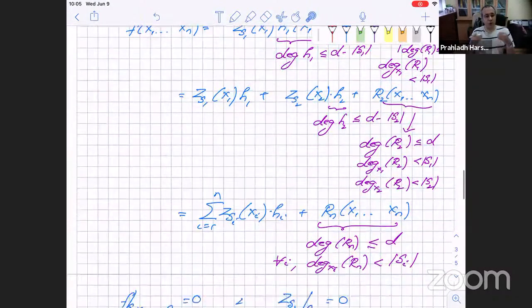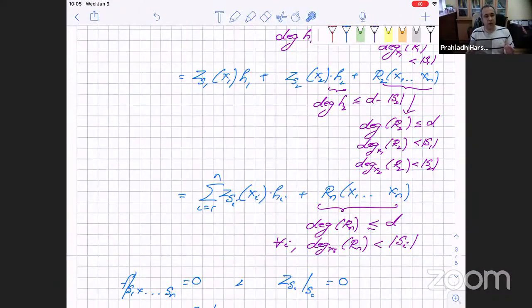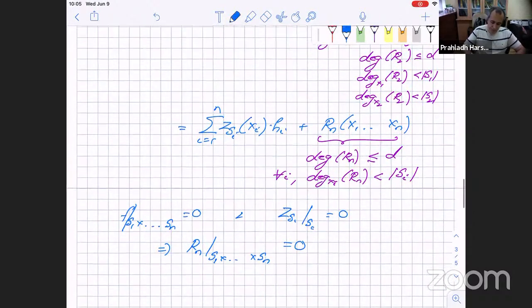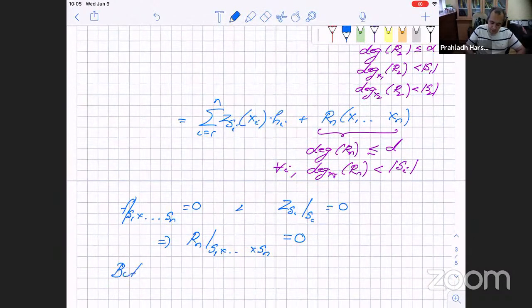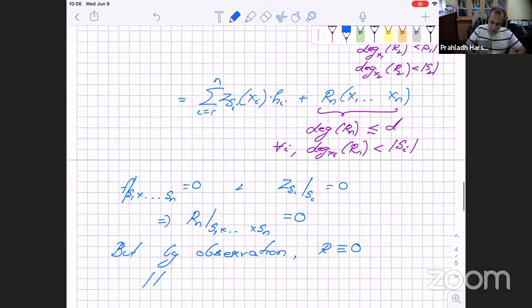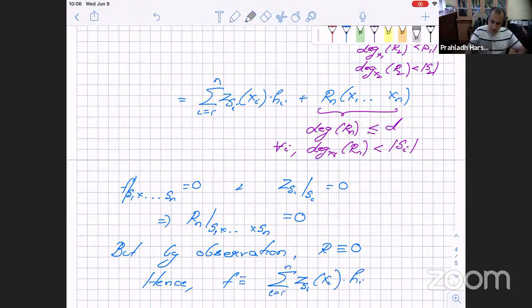But now R is a polynomial of the type which we care for, and it is 0 everywhere on the grid, therefore R has to be the identically 0 polynomial. But by observation, R has to then be identically 0. Hence, F is actually equal to the summation of ZSi Xi into Hi. It's identically true. This is a polynomial identity.